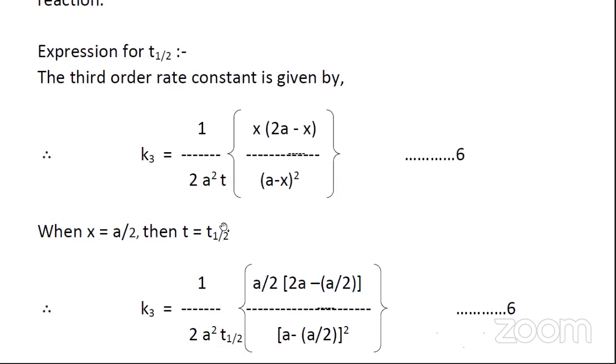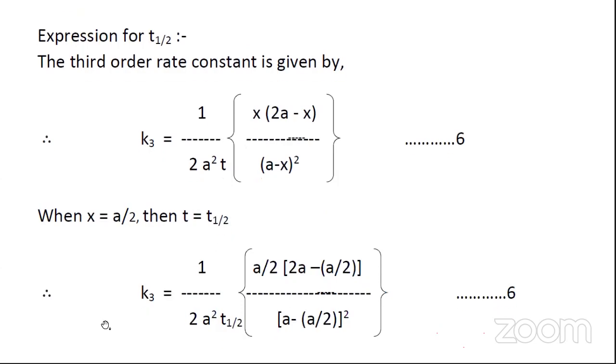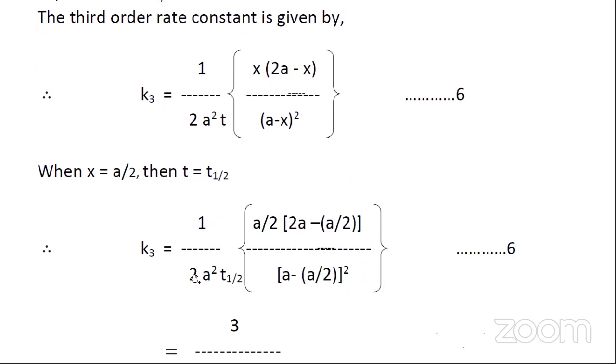Put this value in the above equation, we get 1 upon twice a square t half. What is the value of x? a by 2, in the square bracket twice a minus a by 2, upon (a minus a by 2) square.